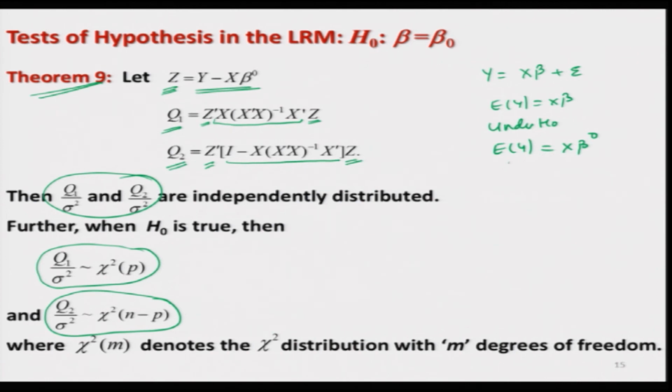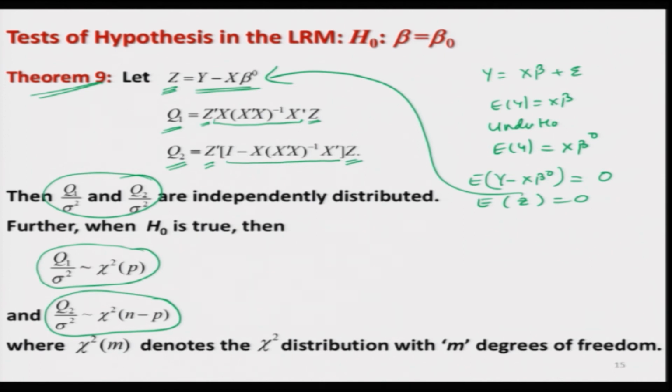So if you take the random variable y minus X beta naught and take its expectation, this is going to be 0. So the expected value of Z is equal to 0, where Z is defined here. Now you can see the chi-square distributions are based on a random variable which has mean 0, so the non-centrality parameter is going to be 0.